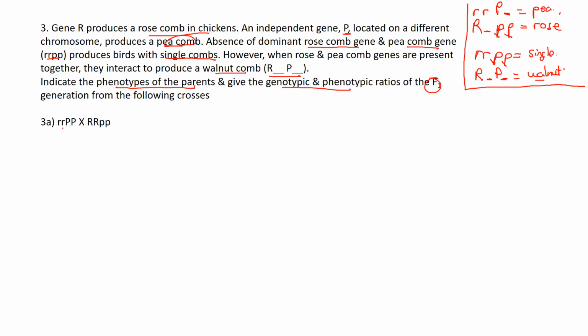So let's do the phenotype of the parents first. If I have two little r's with at least a big P, that's going to be a pea comb rooster or chicken or whatever. In this case, capital R with two little p's. As long as I have a capital R and then two little p's, that's going to be a rose. Okay, so that's our two phenotypes of the parents.